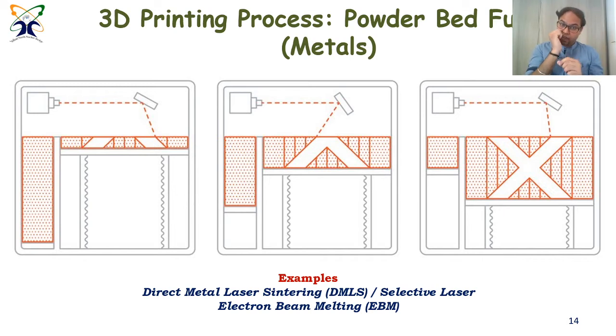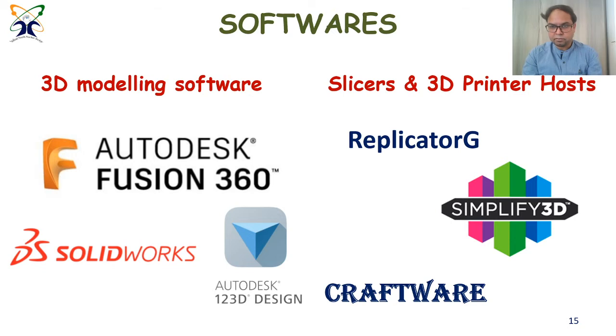So if we have a fine beam, the finer the beam, the finer the finish of the final object. In these two techniques, selective laser melting and electron beam melting, we use very fine tips or very fine lasers to get finished metal materials.